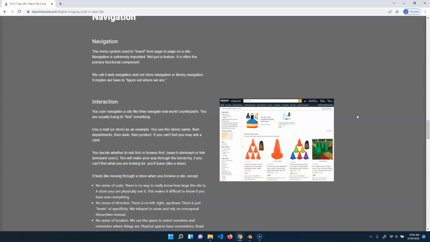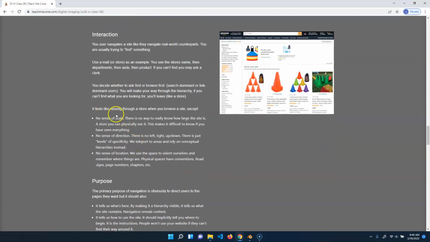But there's a physicality there that we don't have when you're working virtually. You can't see across multiple aisles. We can't go from point A to point B and walk physically to that location. So instead, we're relying on a menu system. It has to have an organization and a hierarchy that makes sense, that people can navigate.